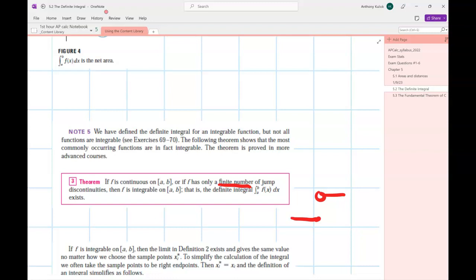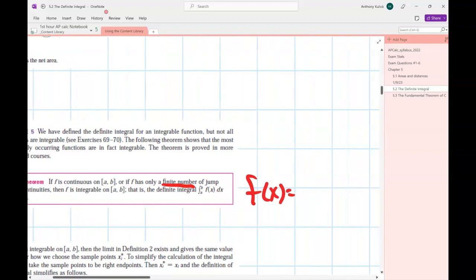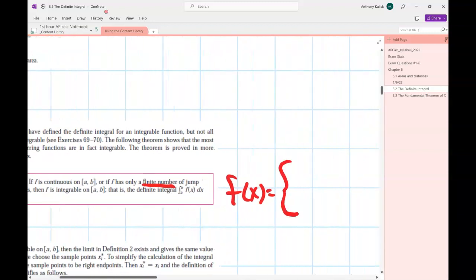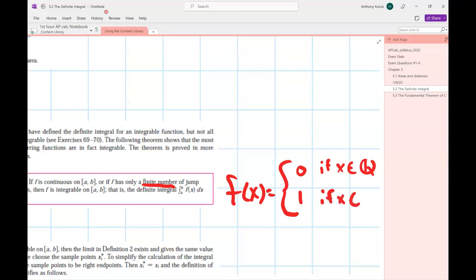What would a function like that look like? I would say your most common example would be a piecewise function. So I'll say f of x is equal to 0 if x is a rational number, and 1 if x is not a rational number, i.e. it's irrational.